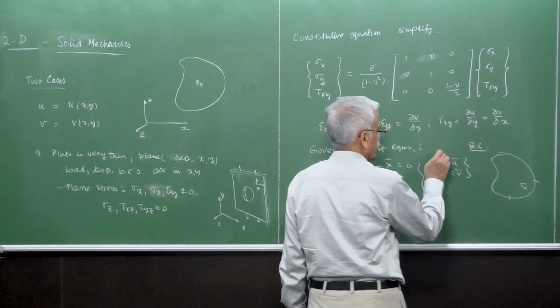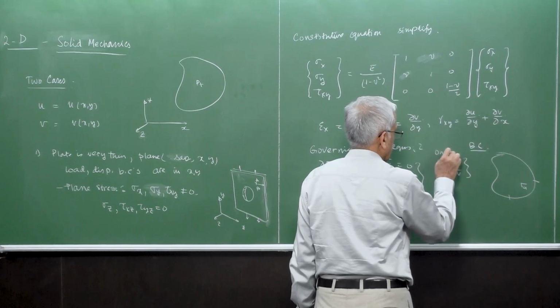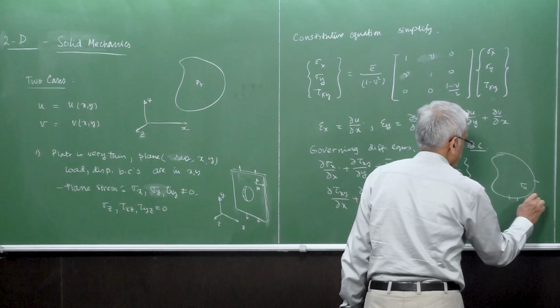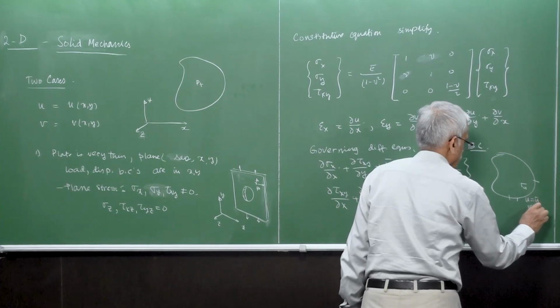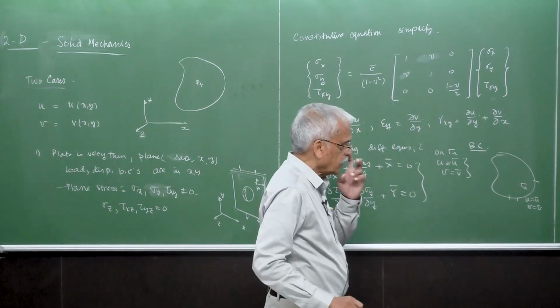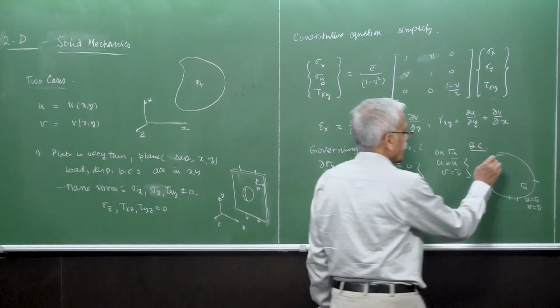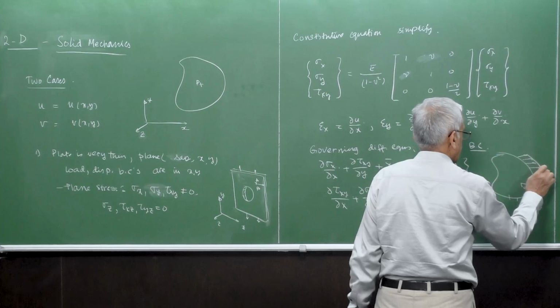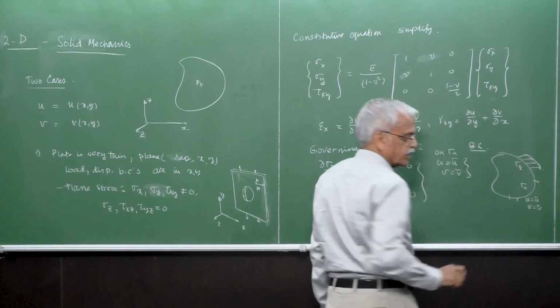So this is the displacement on gamma U. Okay. And apart from this, we have the traction boundary conditions here.